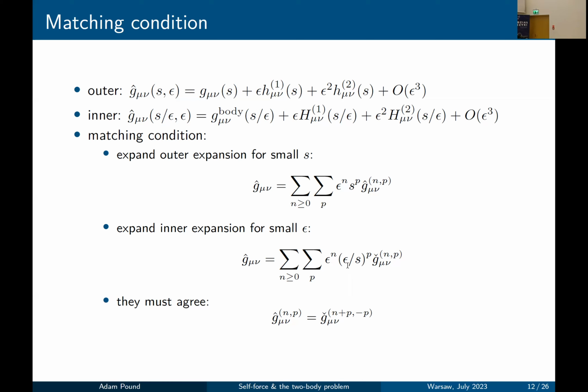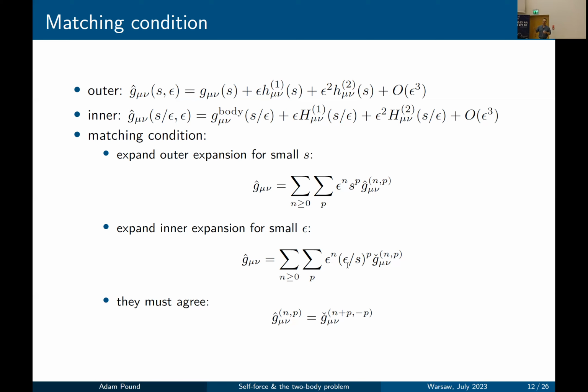So you can think intuitively, yeah, both of these are accurate in the buffer region. It turns out you can construct functions that satisfy this matching condition where actually the double expansion is not accurate anywhere. It doesn't actually matter.